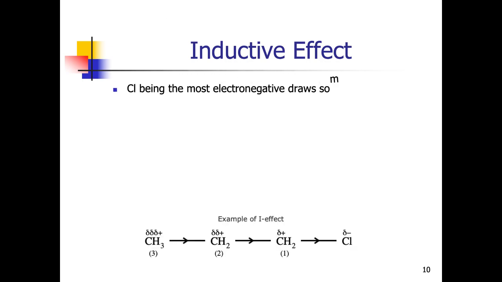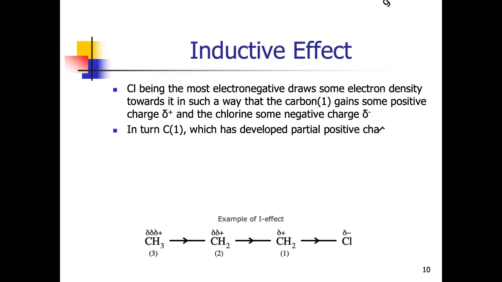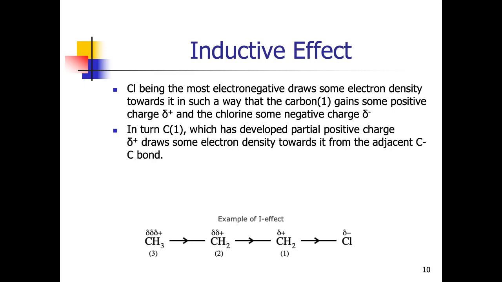Chlorine, being the most electronegative, draws some electron density towards it, in such a way that carbon 1 gains some positive charge, delta plus, and chlorine gets some negative charge, delta minus. In turn, C1, which has developed a partial positive charge delta plus, draws some electron density towards it from the adjacent C-C bond.